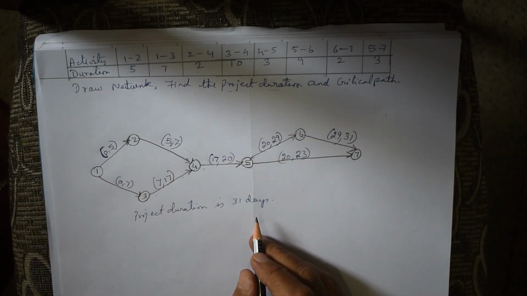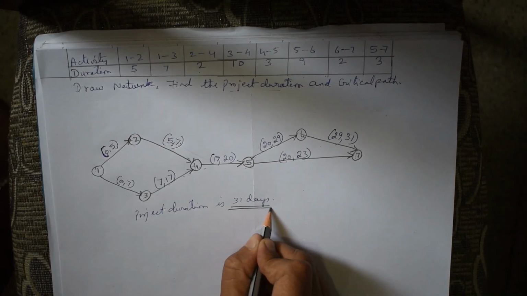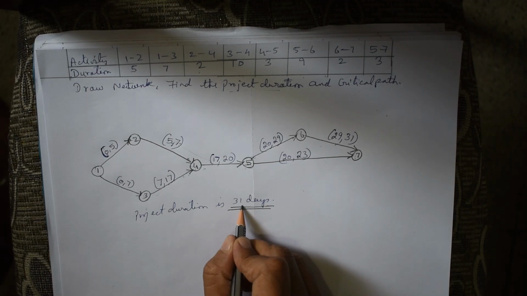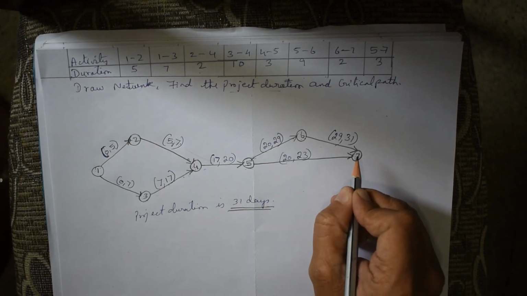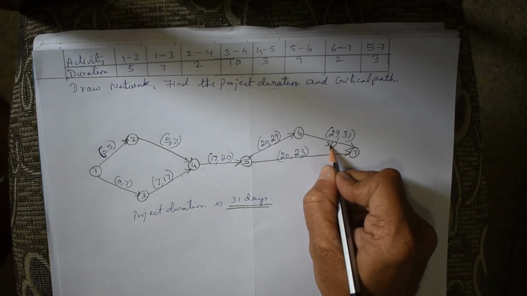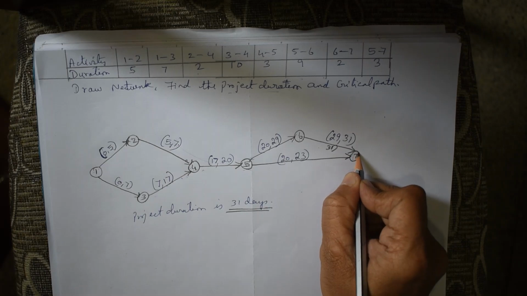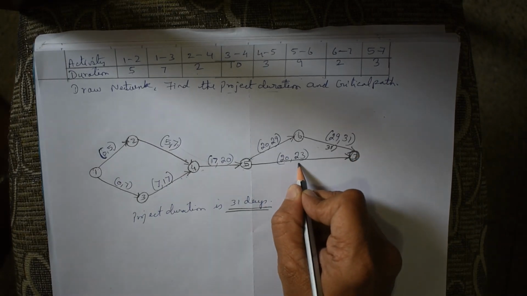For this purpose, first take the project completion time, which is the project duration, 31 days. So activity 7 should complete in 31 days. Now take a pencil, write the completion time for 7. The completion time for 7 is 31.